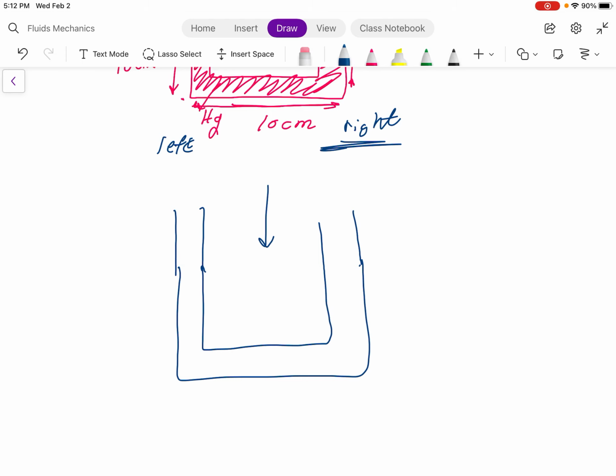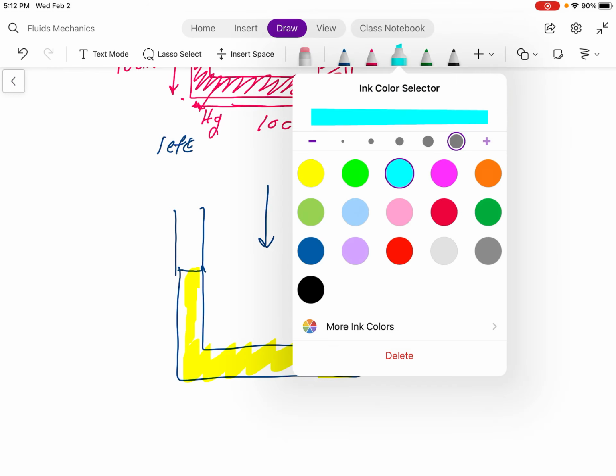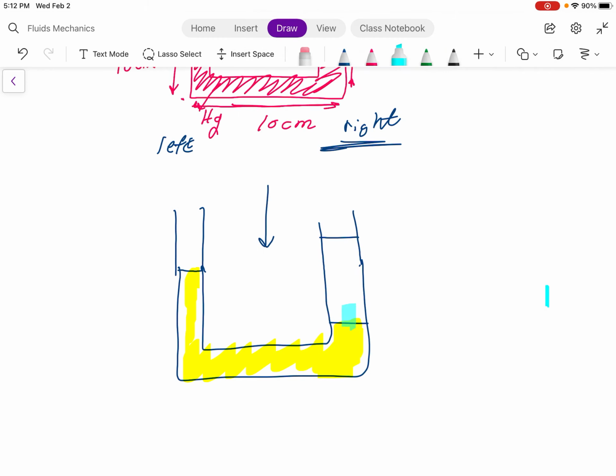So this is like that, and this is like this, and this is like that, and here this is the mercury that we had, and this is the water that we added in the manometer. So we have mercury, and we have H2O, okay?